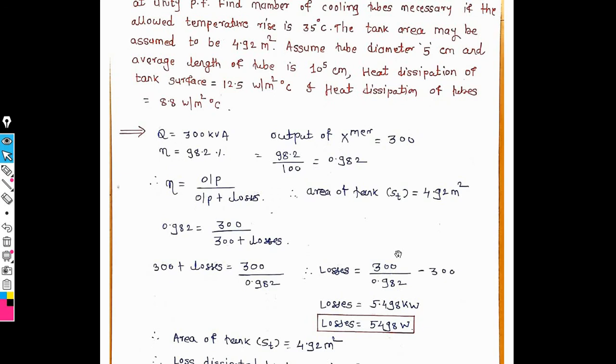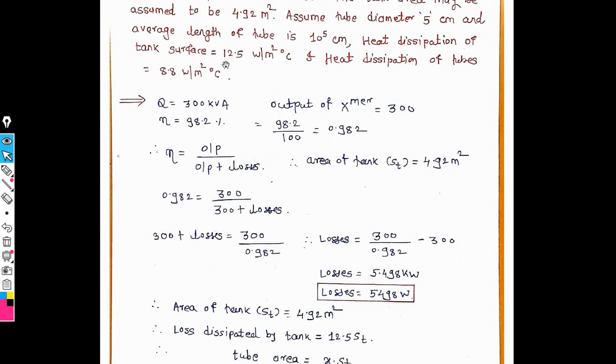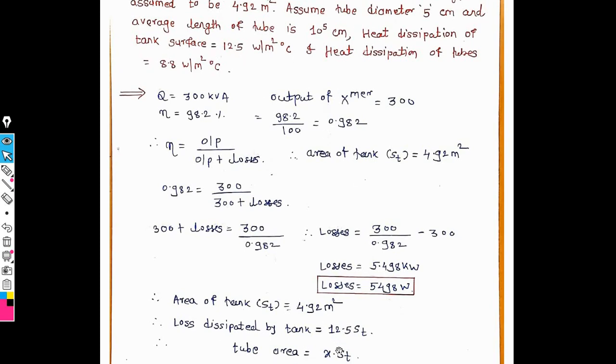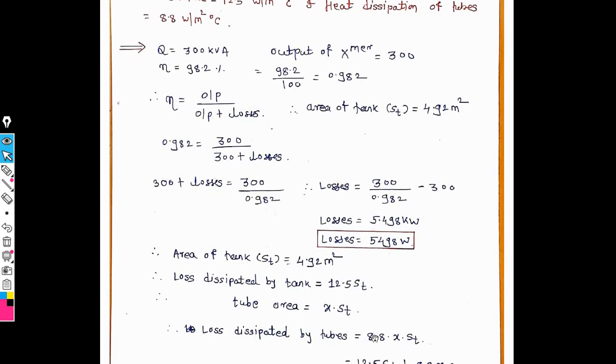The value of the area of the tank, ST, is already given, that is 4.92 meter square. The loss dissipated by the tank surface is 12.5 ST. Also the total area of the tubes is x into ST. This value is given.